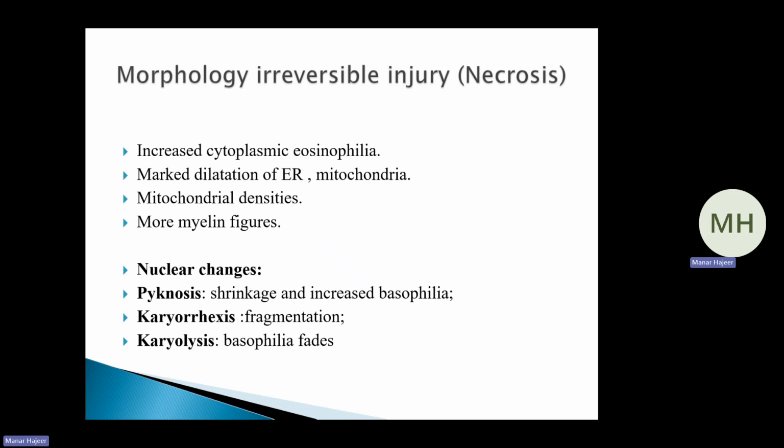After pycnosis, we have karyorrhexis, which means fragmentation of the nuclear material, and at the end we have karyolysis, which means degradation of the nuclear material and the fading of the nuclear basophilia. So we have these three events: pycnosis, karyorrhexis, and karyolysis. We can see them, by the way, under the light microscope on hematoxylin and eosin stain.